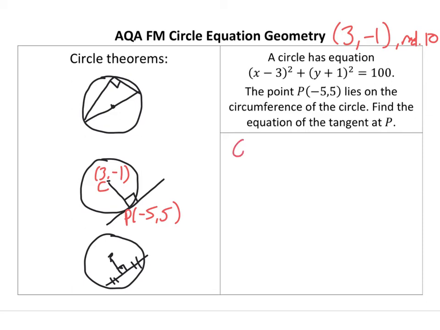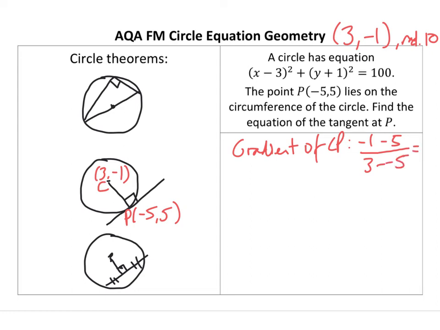So the gradient of CP, centre to point P, is going to be, so it's minus 1, minus 5, over, okay, what's that? 3 minus 5.